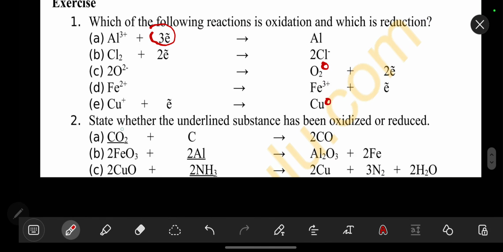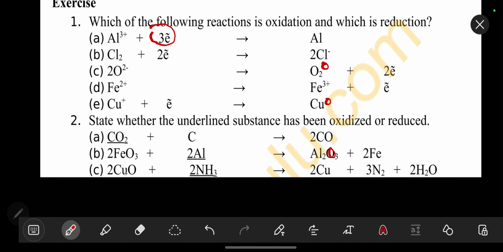Let's look at this one. State whether the underlined substance has been oxidized or reduced. From carbon dioxide to carbon monoxide, it has been reduced since oxygen has been removed. If we look at this other one, the underlined is aluminium. Oxygen has been added to aluminium, therefore it is oxidized.